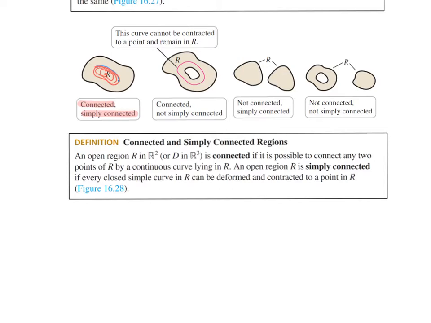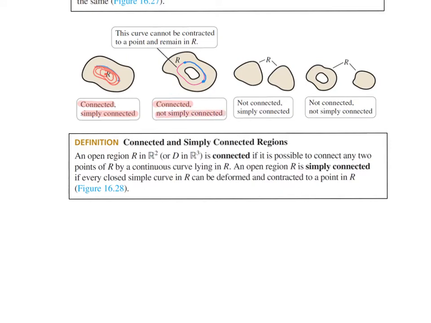Now the second diagram is connected. It's connected because if I pick any 2 points, I'll just pick these 2 points that are on this curve, I can connect the points with a curve that is still in the region. This is not simply connected.